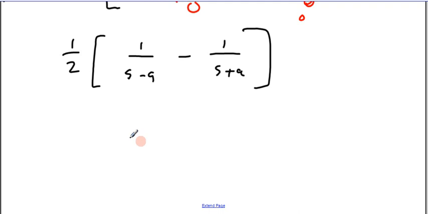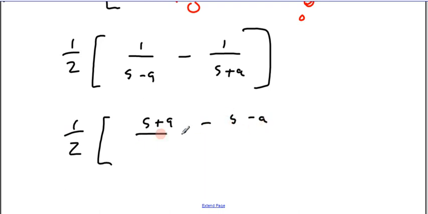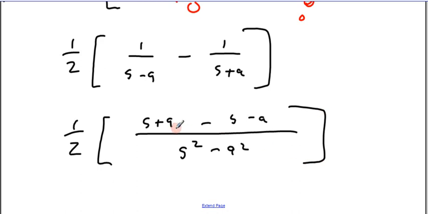I combine like things, so I get 1/2, and I have s plus a minus s plus a divided by s squared minus a squared. So the s's go away.